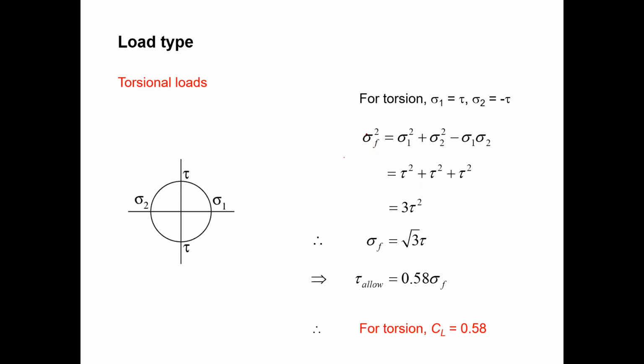This is the equivalent stress, and these are the two principal stresses. These small circles rotate around the center, which means it is fully reversed. You can see sigma 1 and sigma 2 are equal, fully reversed, and the shear stress is also equal to this value. The origin is the center. So sigma 1 and sigma 2 are equal to torsion, and then you can substitute here.